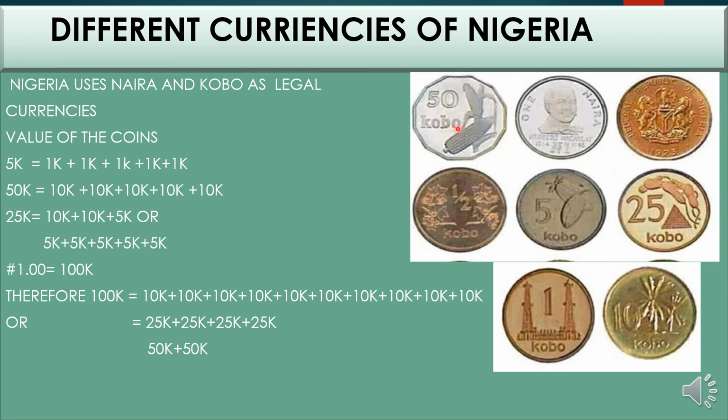If you bring 2 of these 50 kobo, you will have what? Just 1 naira coin. 50 plus 50 will give us what? 100 kobo, and 100 kobo is equivalent to 1 naira. Did we get that? It's so interesting, boys and girls. So let's move over to the next we have for today.